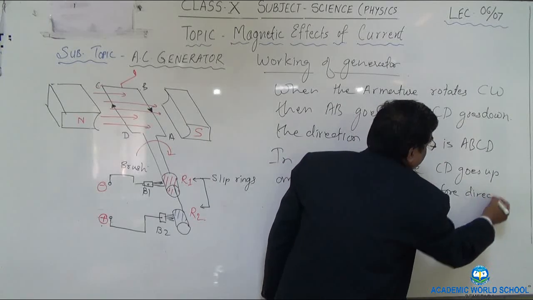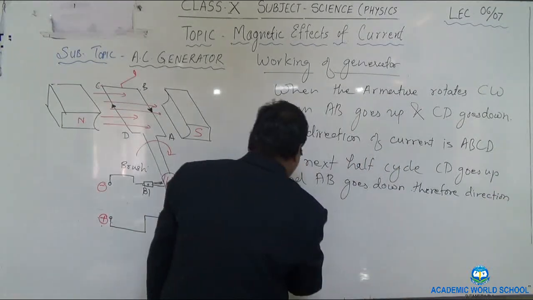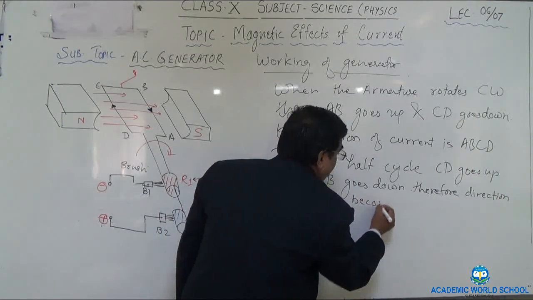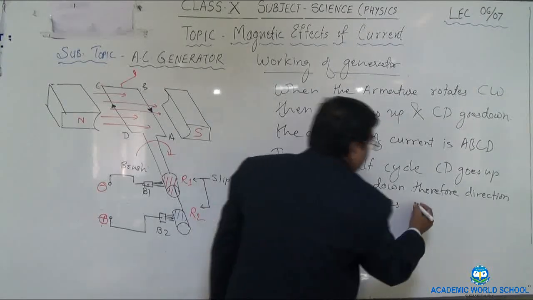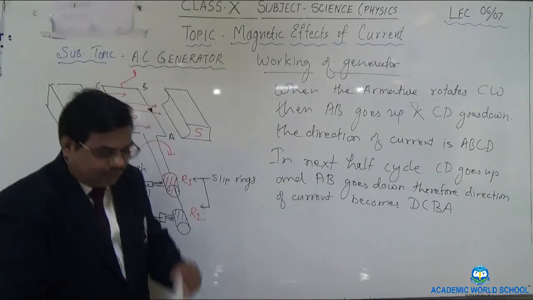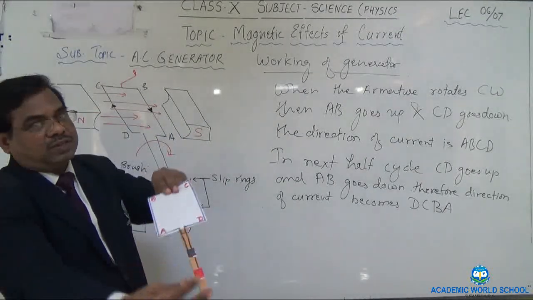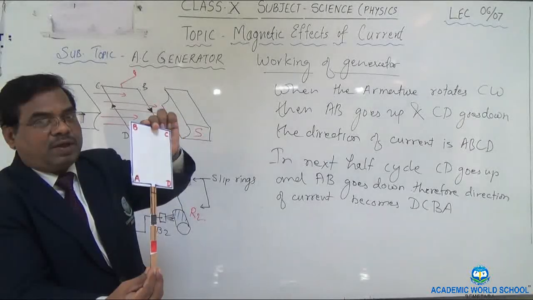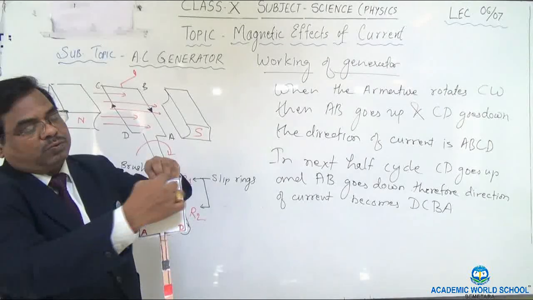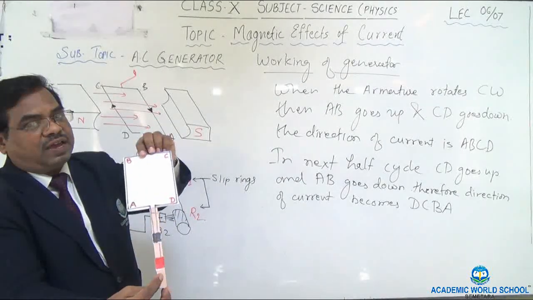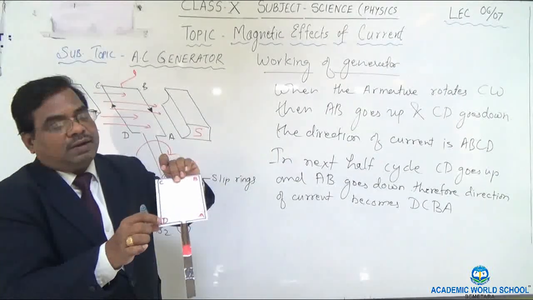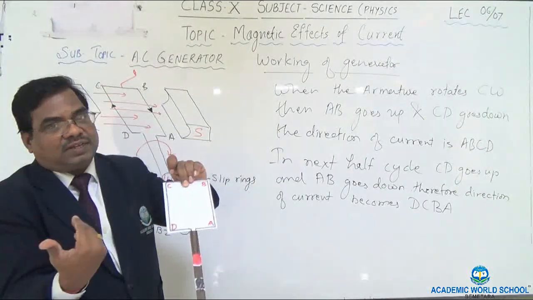Direction of current becomes D, C, B, A. See here, earlier AB was coming up and CD was coming down, so current was from A to B to C to D. After half cycle it has turned, and now the CD arm has come on the other side.